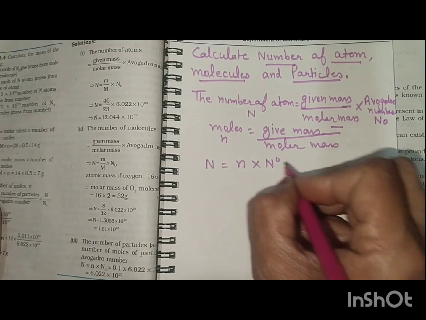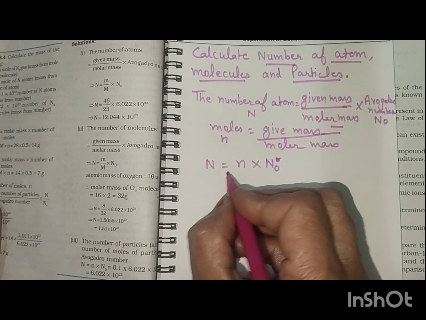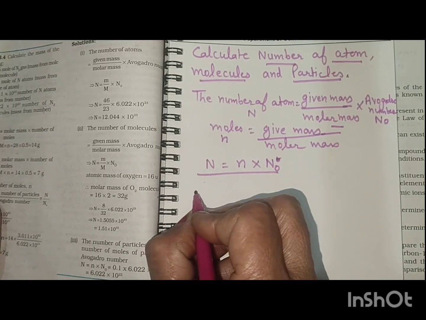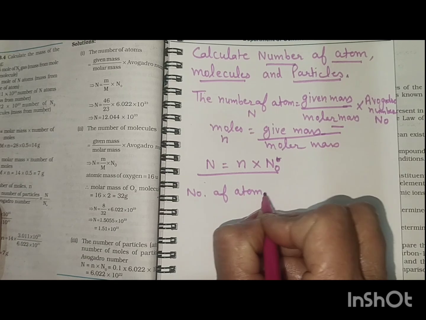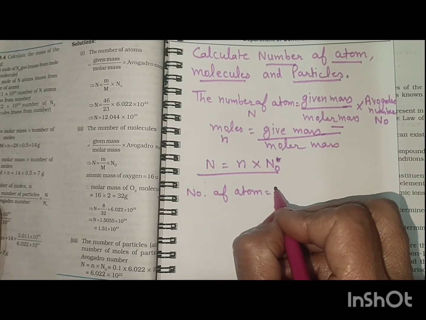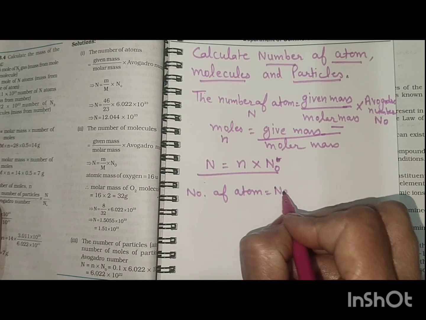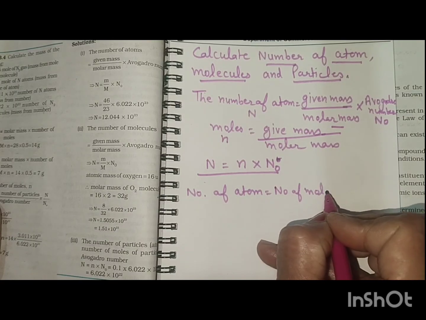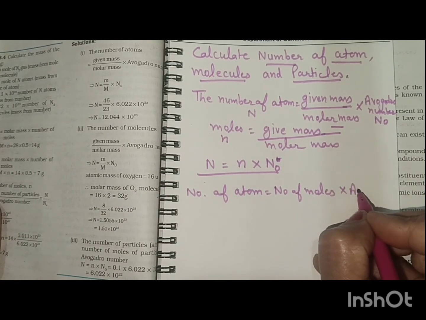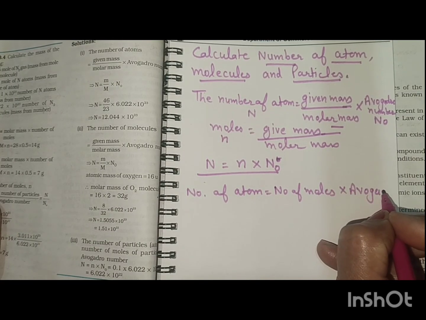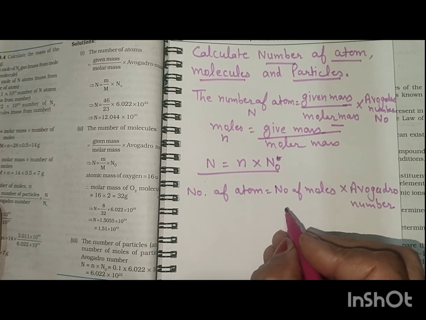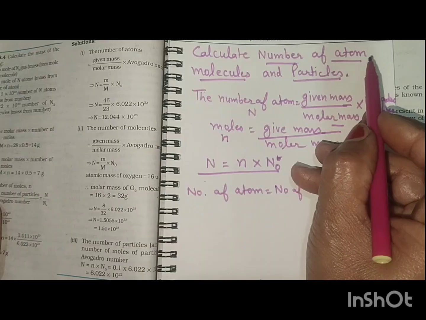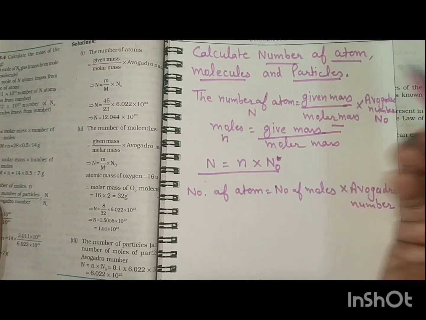So the number of atoms is equal to the number of moles into Avogadro number. By this formula, we can calculate the number of atoms, molecules and particles.